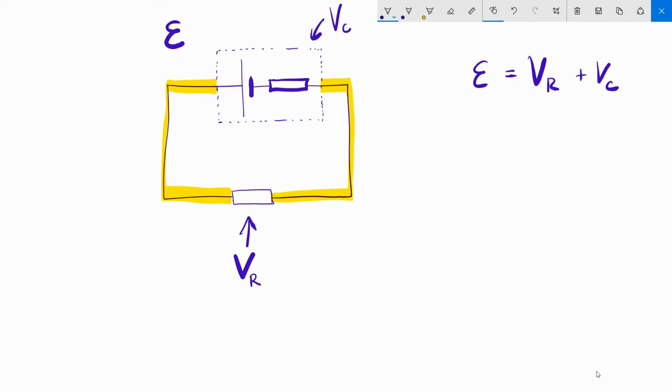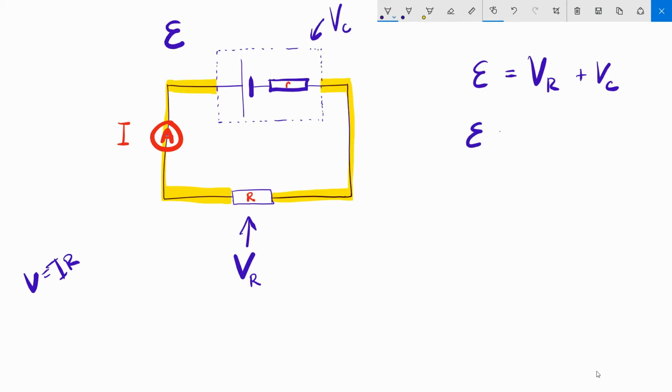Okay, now we know a formula for PD. It's V equals IR. So if we say the resistance of this resistor is going to be big R and the resistance of that resistor is going to be little r, and we're going to stick an ammeter in that circuit so that we can measure the current.